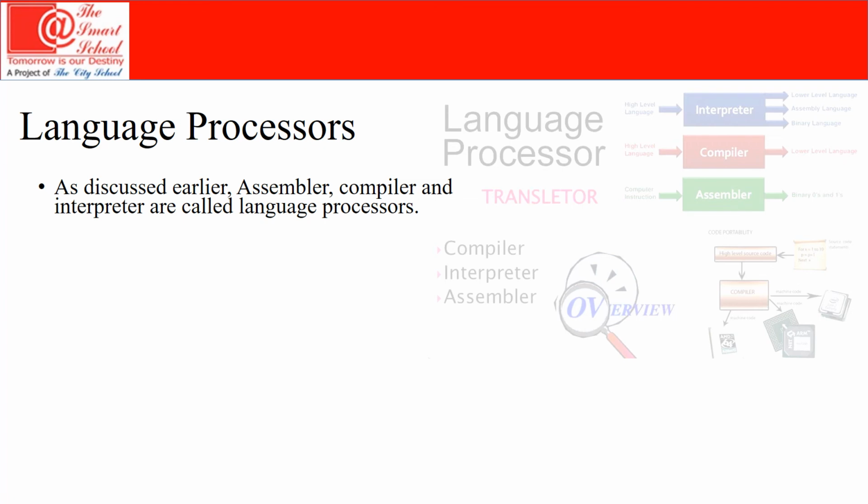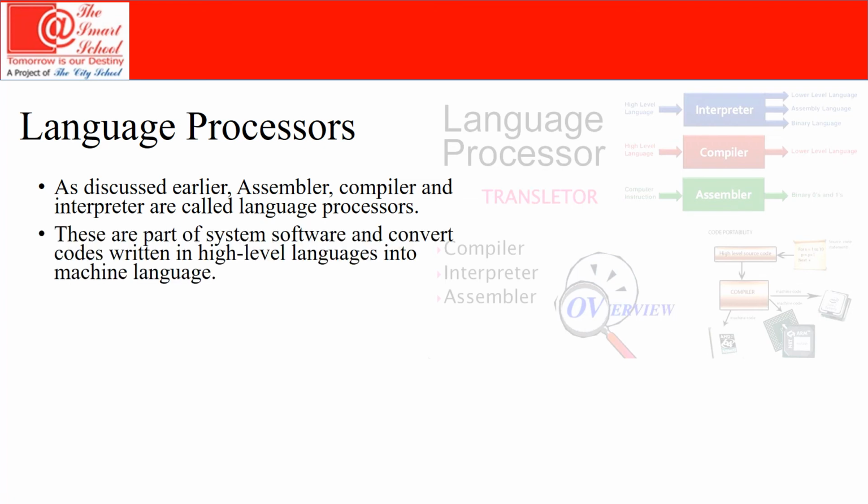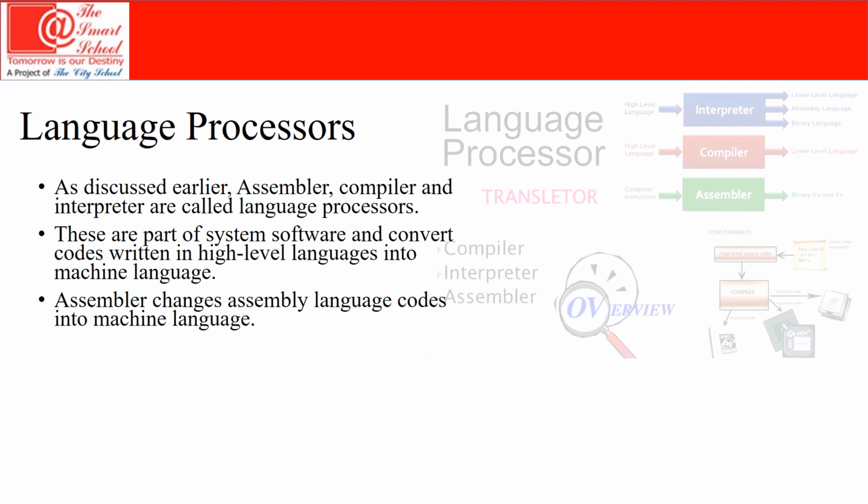Assembler, compiler, interpreter, as discussed earlier, are called language processors. These are the parts of the system software and convert codes written in high-level languages into machine language. Assembler changes assembly language codes into machine language.